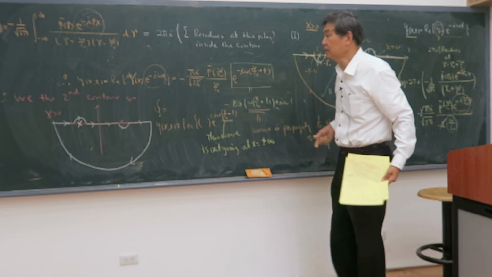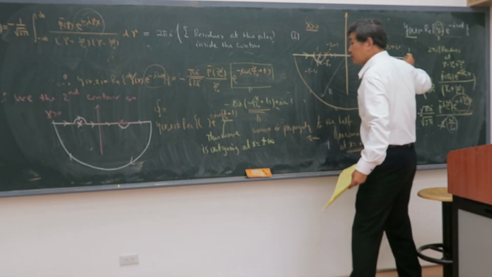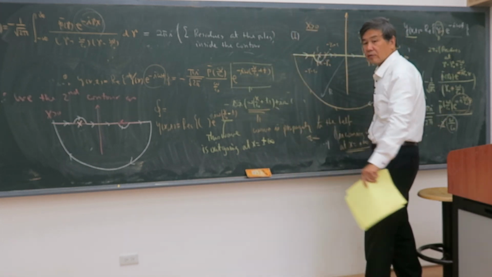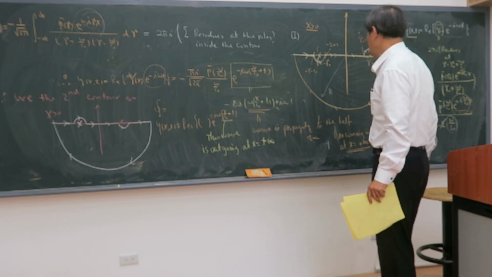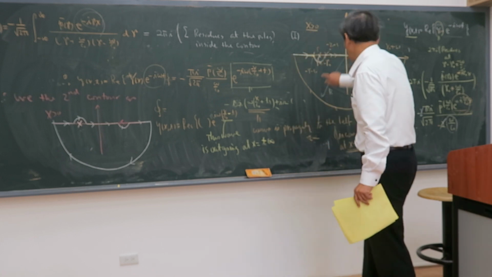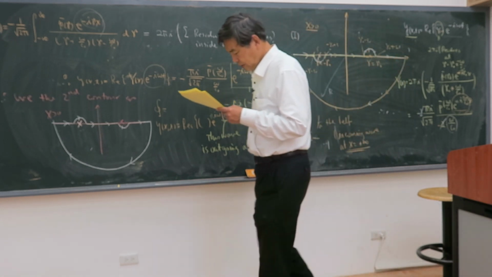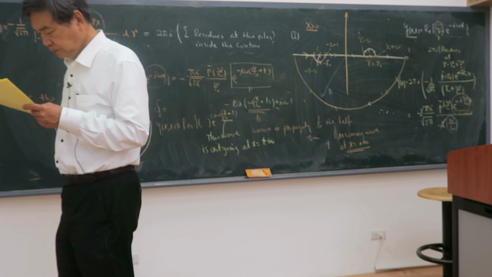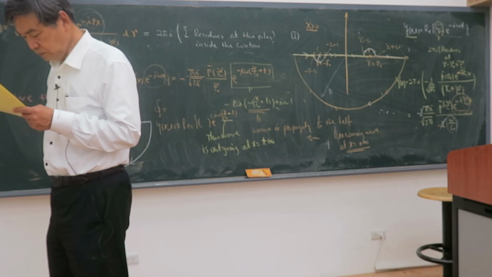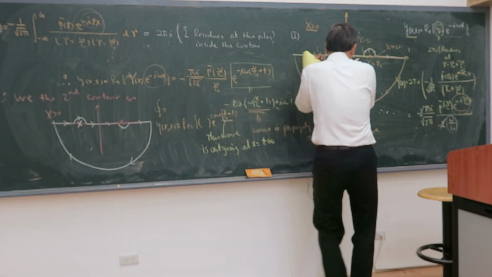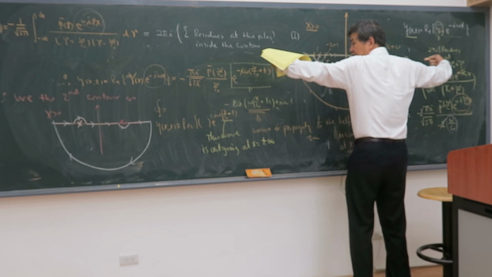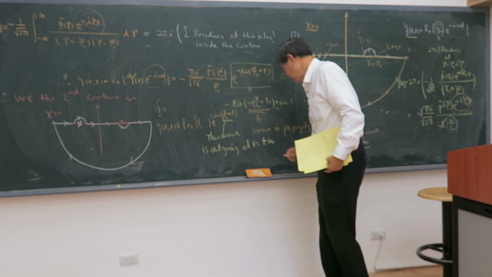Now the incoming, both this point and this point. Outgoing means from center to out. Incoming would be both coming in. So this plus minus, it's okay.